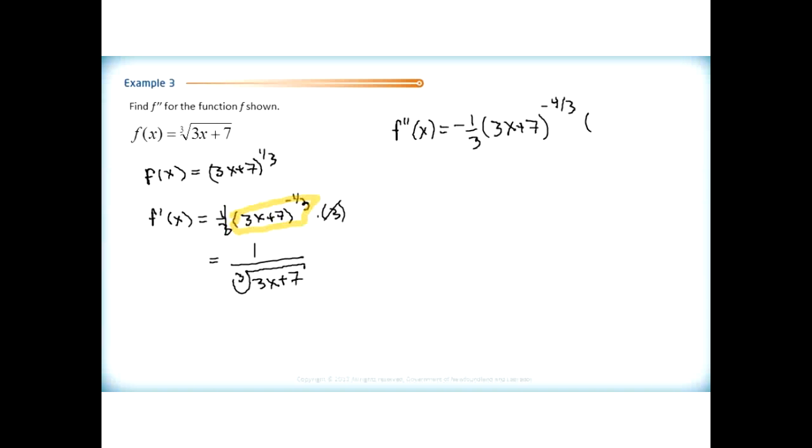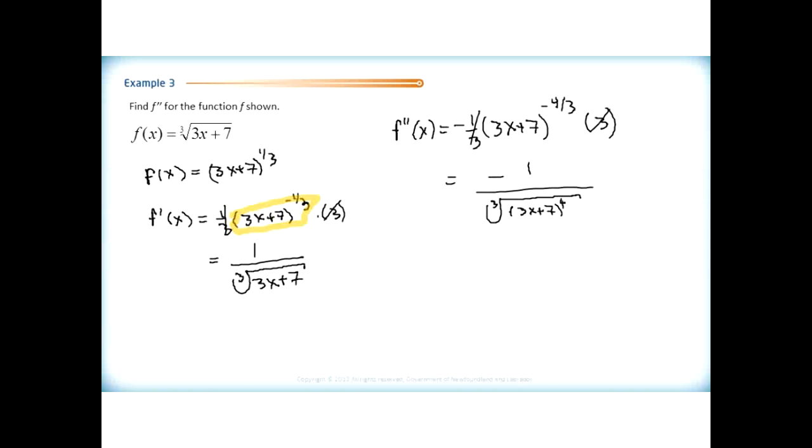And then all that has to get multiplied by 3. And then the minus 1/3 and 3 will cancel to leave us just with a negative. So what we end up with in the end here is a negative 1 in the numerator over the cube root of (3x + 7)^4.